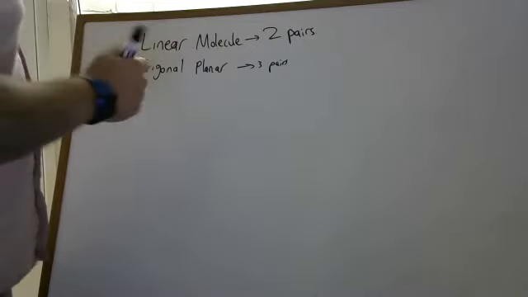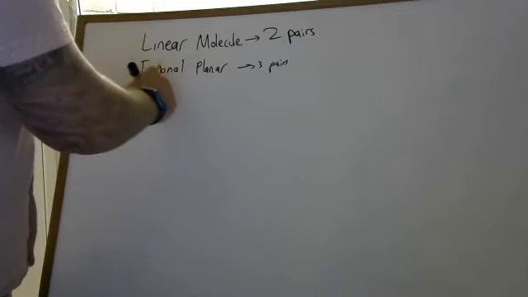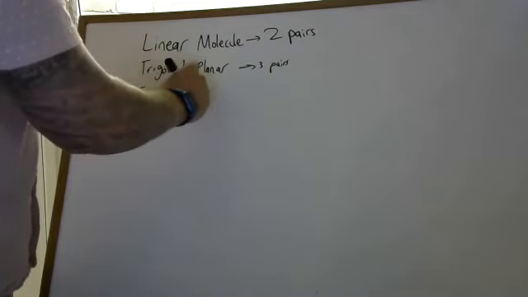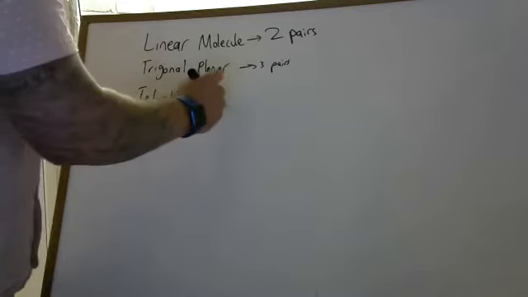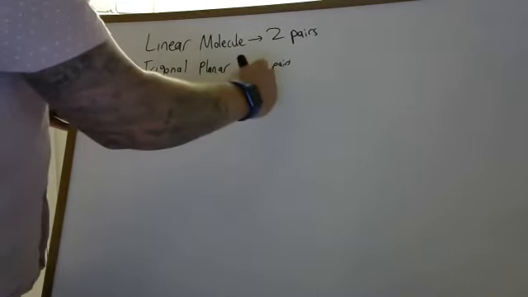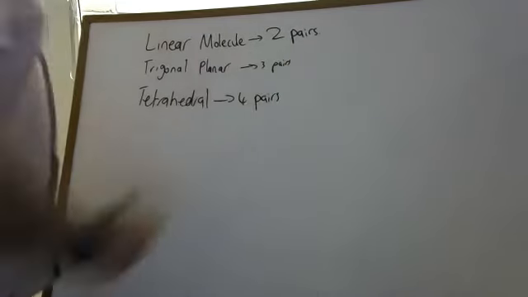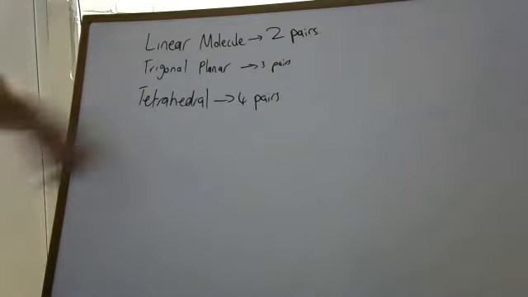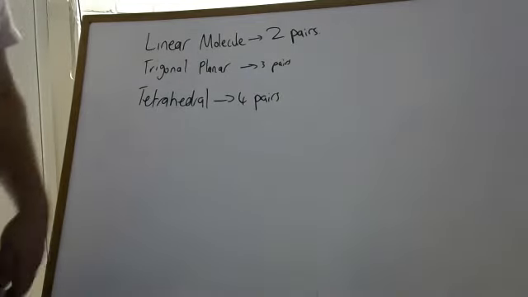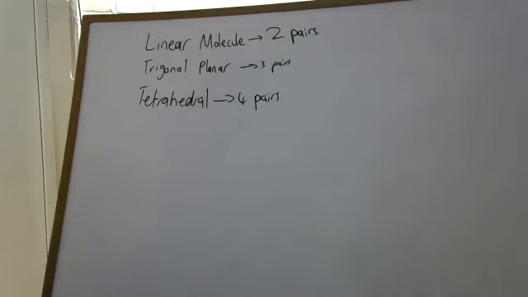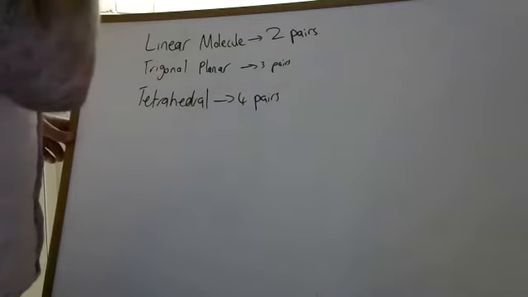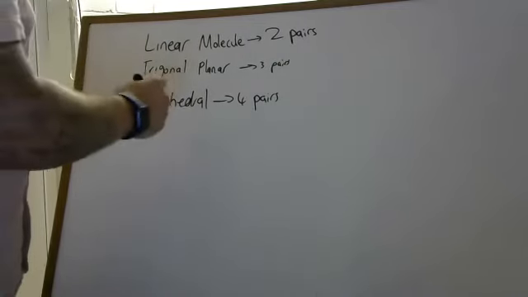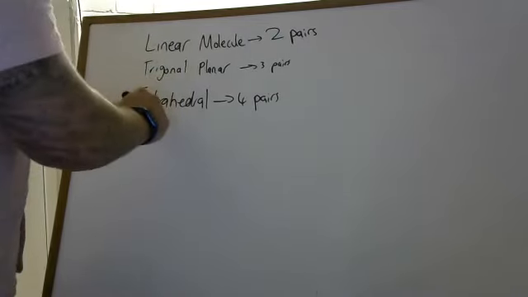If we have tetrahedral, I think you can see where this is going. 4 pairs. Imagine my shock. First element will likely be from group 4. We have the trigonal bipyramid.